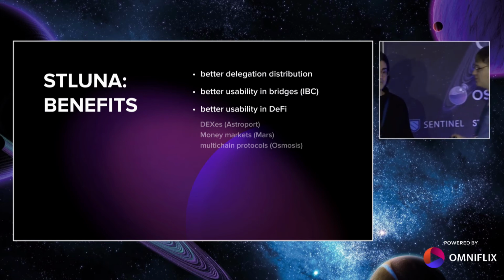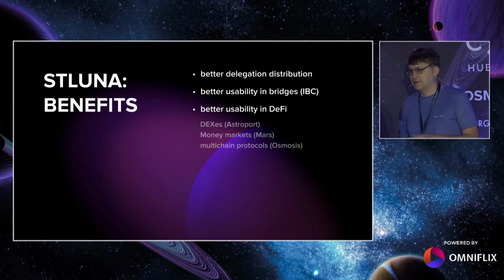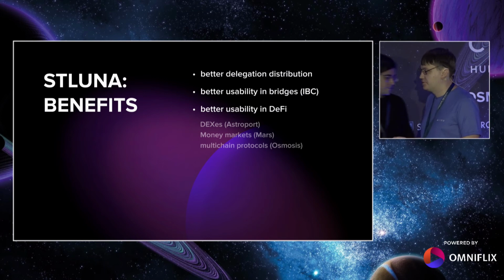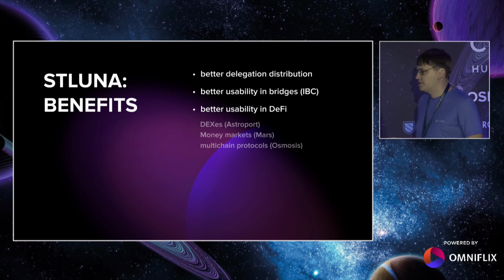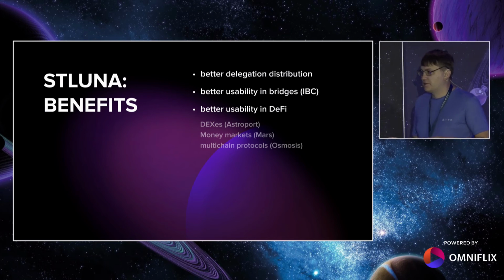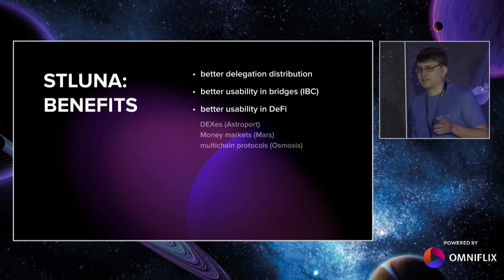So you might have heard about the Terra Autumn stuff. Terra just had an upgrade to a new version of CosmWasm, and a lot of protocols are launching now that it's upgraded. One of the most important of these protocols are DEXs like Ostropod and money markets like Mars, which is a really cool take on money markets with contract theory built in and stuff like that.